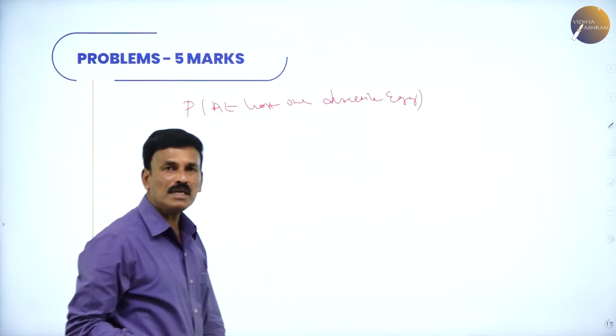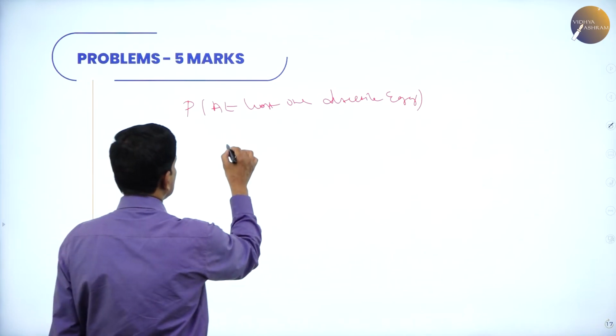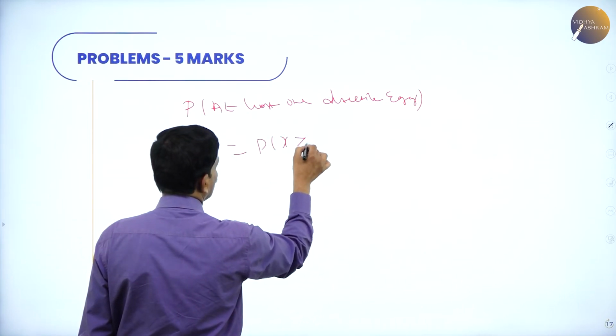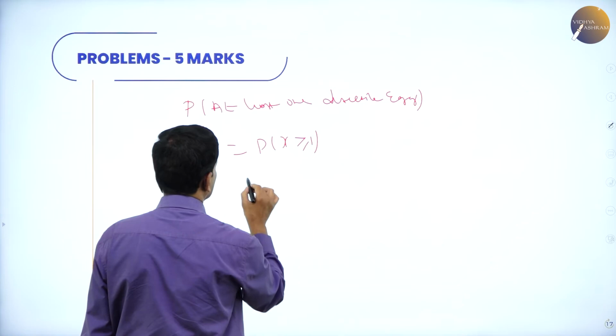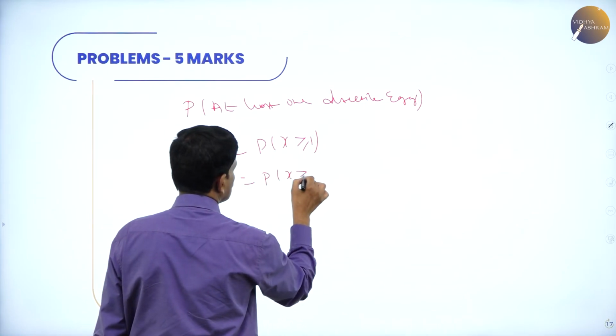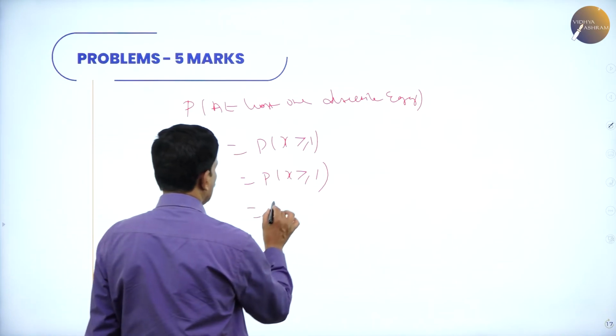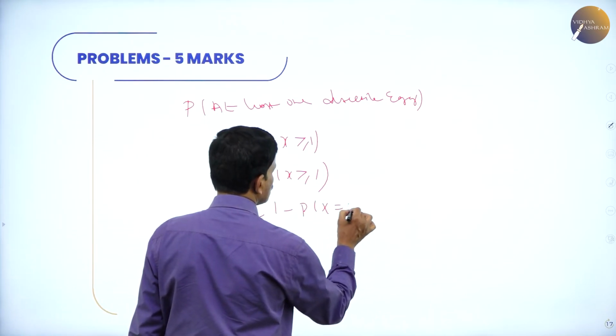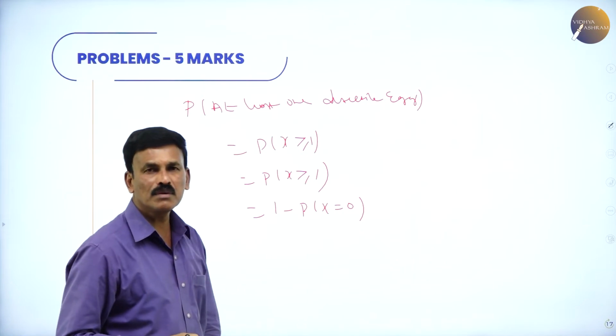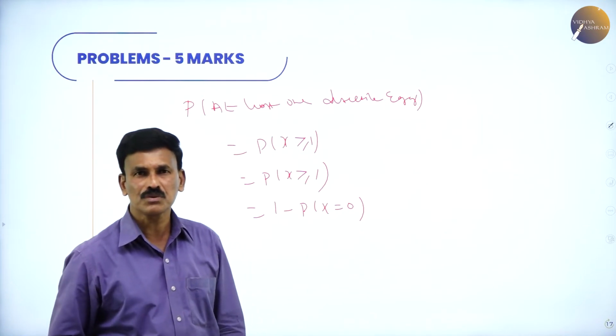The probability of at least one defective egg is nothing but the probability of x greater than or equal to 1. This can also be written as 1 minus the probability of x is equal to 0.